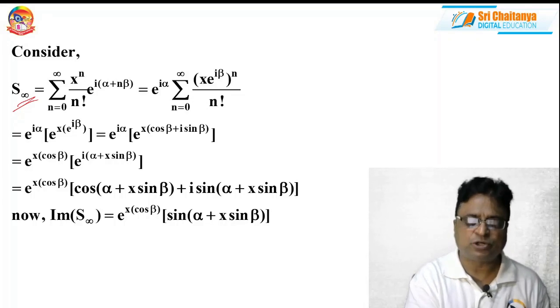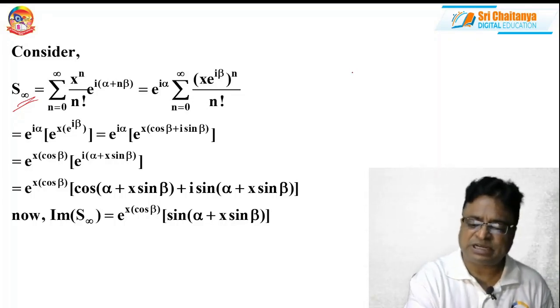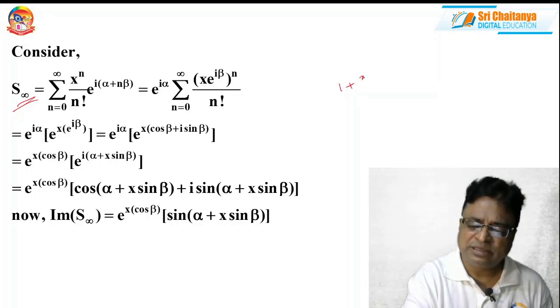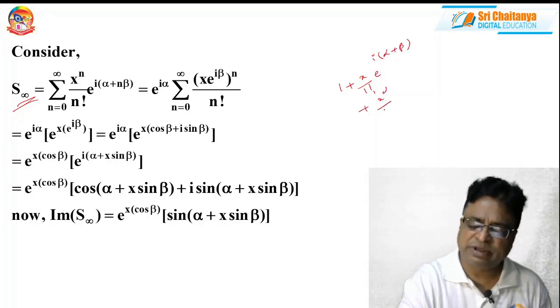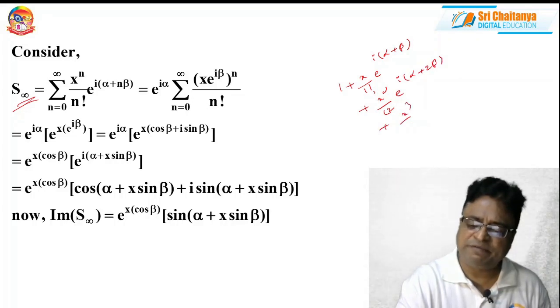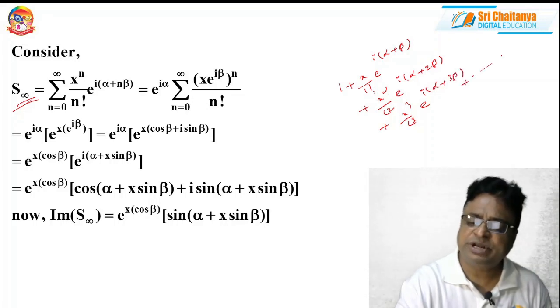If I expand, this is nothing but 1 plus x by factorial 1 e power i(alpha plus beta) plus x square by factorial 2 e power i(alpha plus 2 beta) plus x cube by factorial 3 e power i(alpha plus 3 beta) plus and so on to infinity. This is the thing.